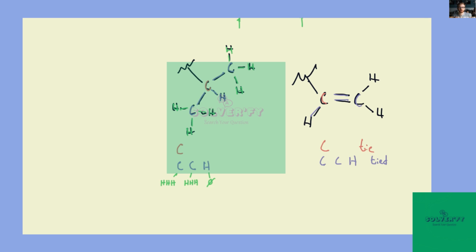Okay, now on to our so-called vinyl group. Sorry, I forgot to fill these in blue last time. So we would start from this carbon, and we would say it's attached to, and we can count one of these double bonds back, but only one. So we go carbon, okay, and then hydrogen, and then hydrogen. So this would get highlighted in green again, and it comes from here, carbon, hydrogen, hydrogen.